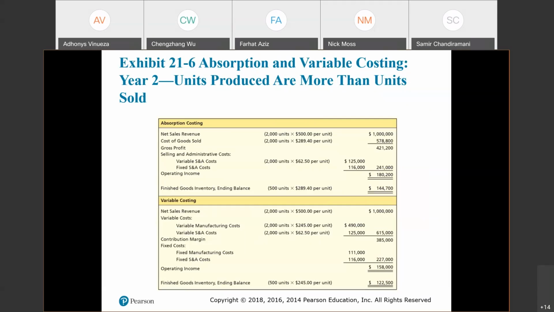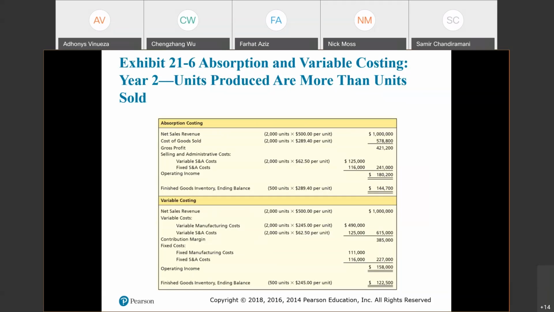But under variable costing, the unit cost is less than that in the absorption costing, therefore resulting in a greater operating income.